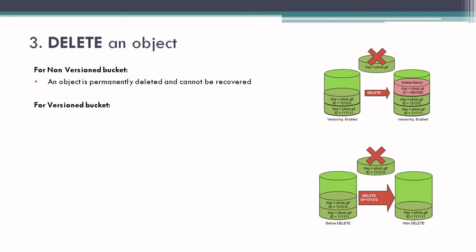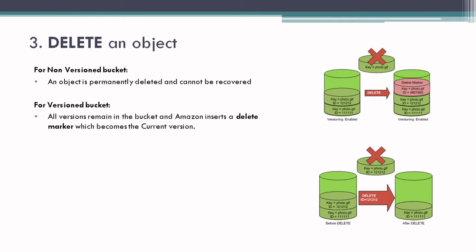But it is a different case with a versioning-enabled bucket. All versions remain in the bucket, and Amazon inserts a delete marker which becomes the current version. We will see this in the figure. This is our versioning-enabled bucket. I have one object, photo.gif, with two version IDs, 111 and 1212, and if I call a delete request, both versions will remain in the bucket.